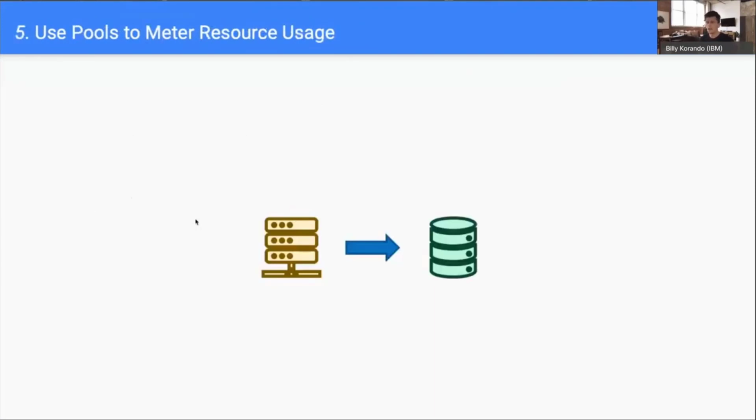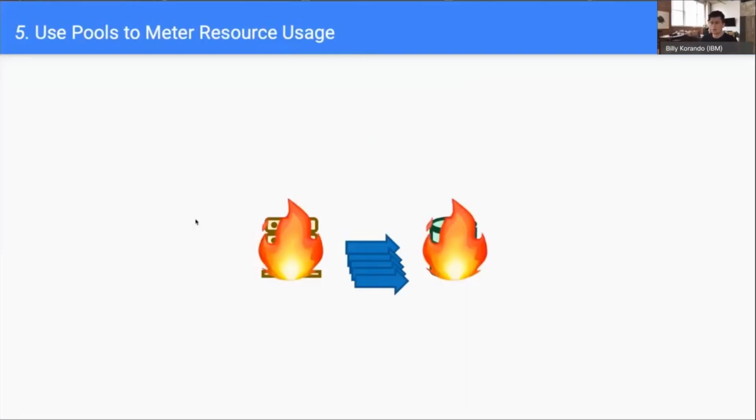The first one is around optimizing for resiliency: using pools to meter resource usage. Let's say you have a service that's talking to a downstream database and you have no way of metering that usage. You might eventually overwhelm that database, it crashes, and then the upstream service crashes with it.